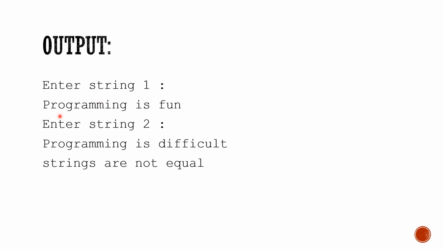The user will key in programming is fun. When it returns, it will display enter string 2. Let's say we key in programming is difficult. Then the .compare command will compare these strings. Obviously programming is fun and programming is difficult are not equal, so it will display strings are not equal.